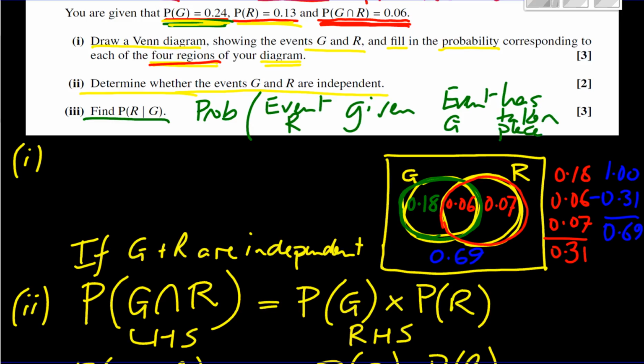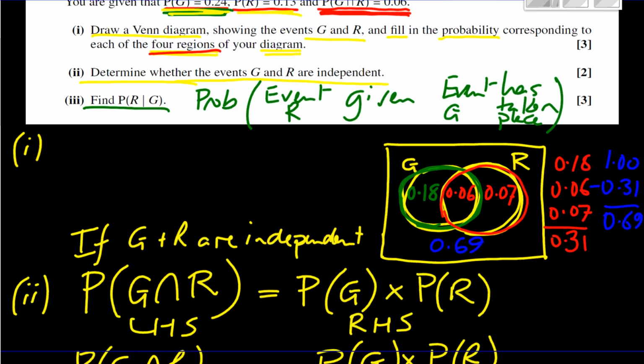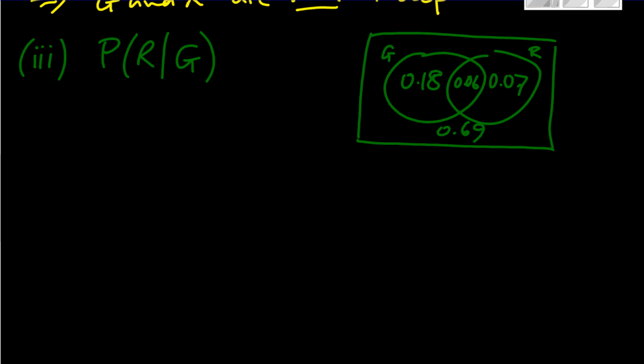Okay. So we're going to do this 2 ways, and I'm going to rewrite the Venn diagram so that we can use it on screen. Okay, here's our Venn diagram on the right and the probability we're trying to find on the left.